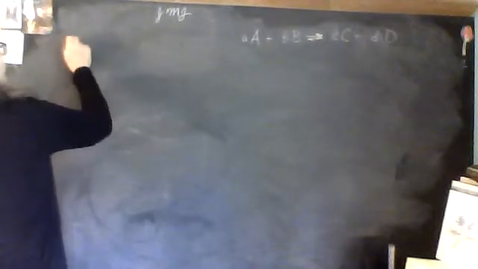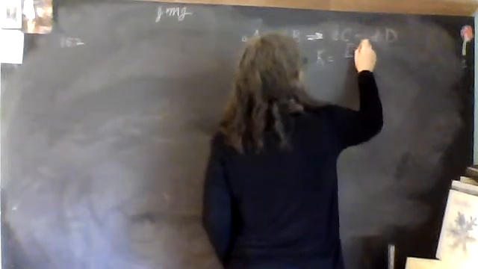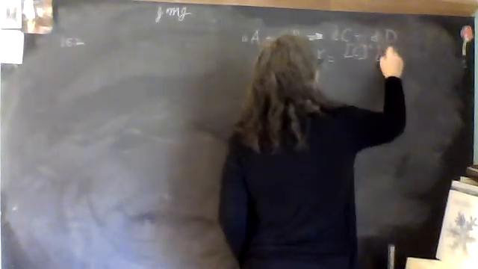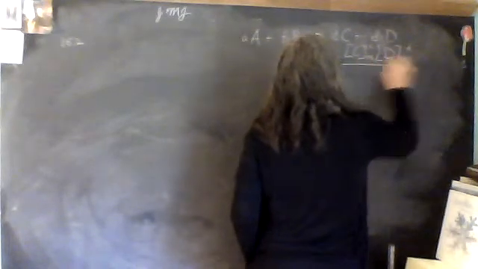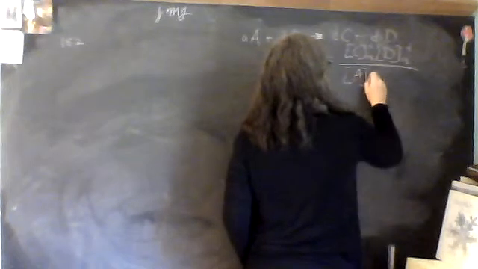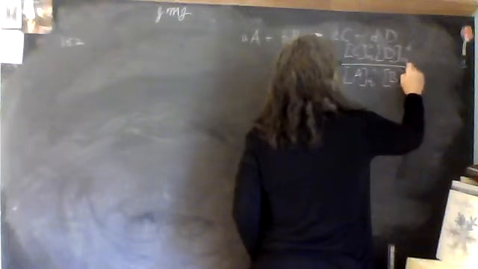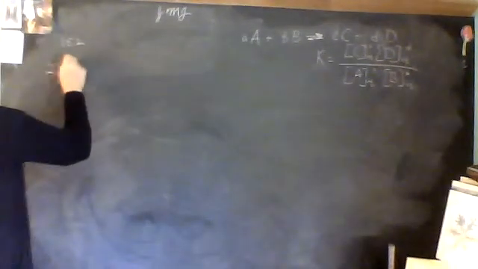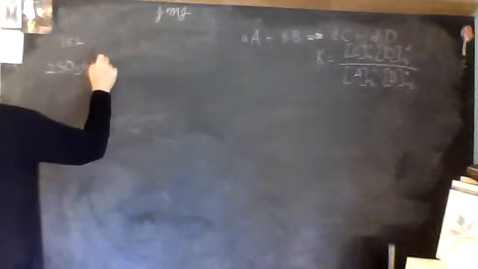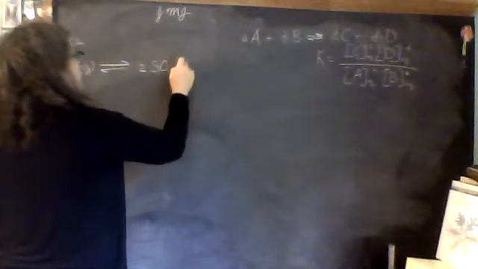Okay, 15.2. Again, we have K is equal to the concentration of C to the c, D to the d, at equilibrium, over the concentration of A at equilibrium to the a, and the concentration of B at equilibrium to the b. The chemist is studying the following reaction. 2SO3 gas is in equilibrium with 2SO2 gas plus O2 gas.